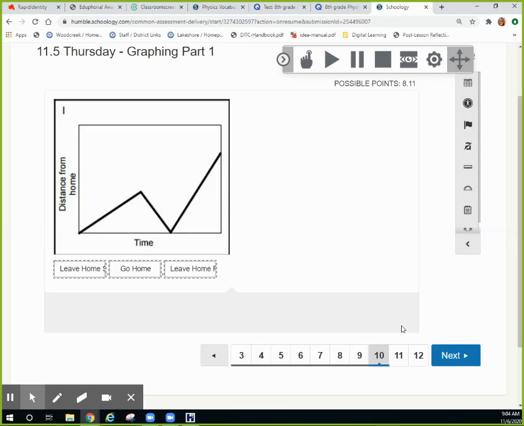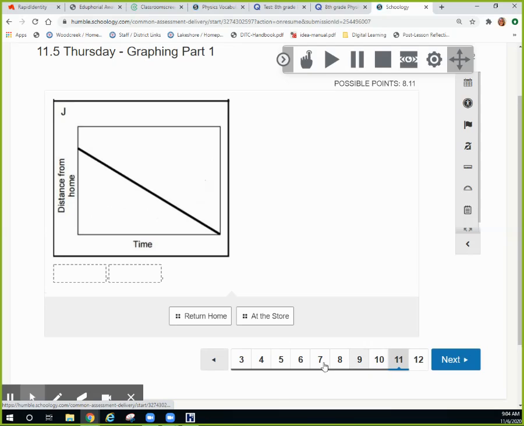Okay? What do you think's happening with this story? So this story starts somewhere else, not at home. We said the store. So they started at the store, and they are returning home at a constant rate. Okay? They're returning home at a constant rate.